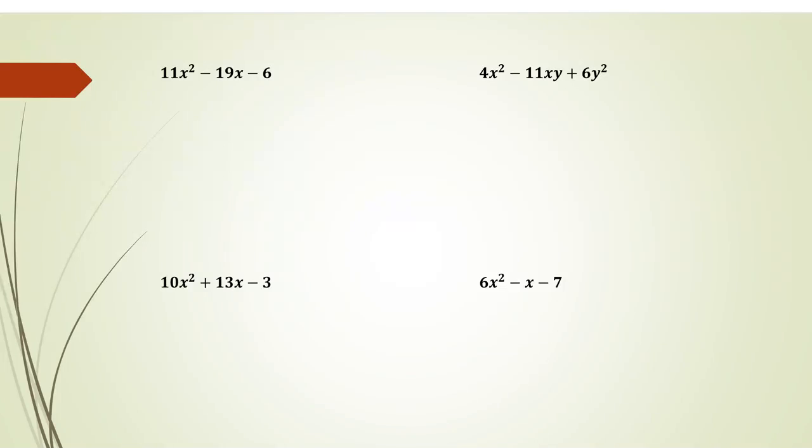So let's practice on these next four. If we were to look at our first example here, I'm going to start by multiplying 11, and this is a negative 6, so this is going to be 11 times negative 6, which is negative 66. So if I start by running my factor pairs, I could say negative 1 and 66, negative 2 and 33, negative 3 and 22.